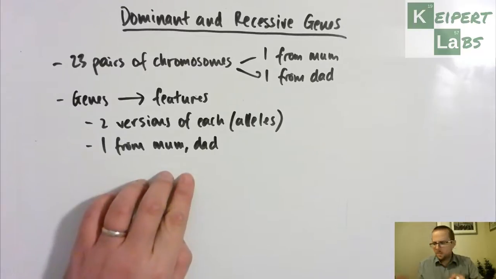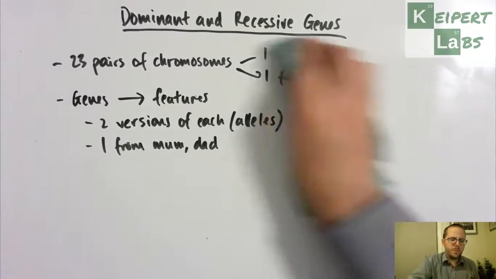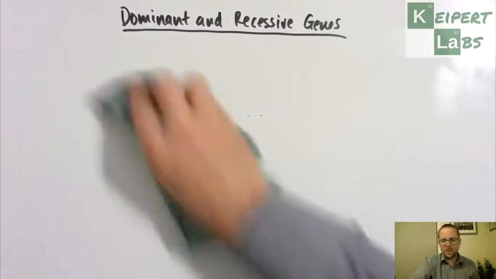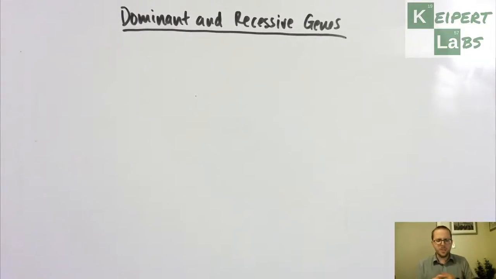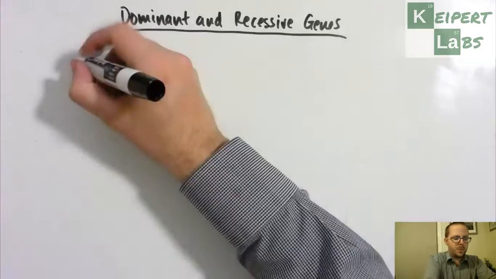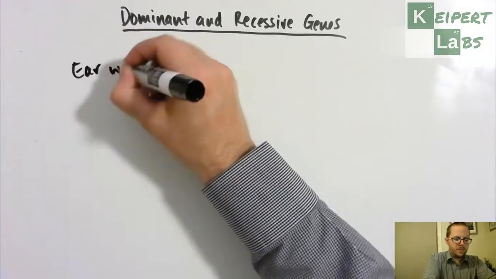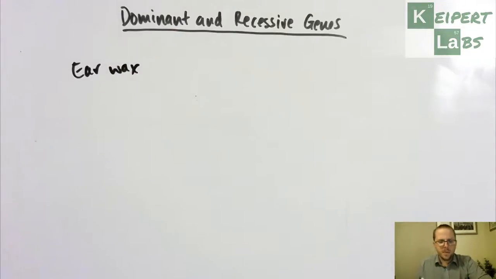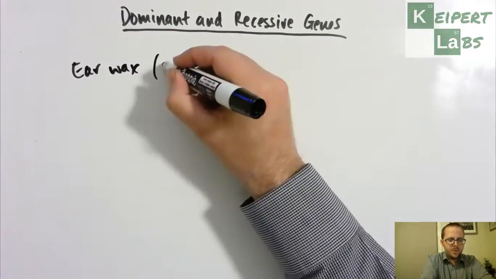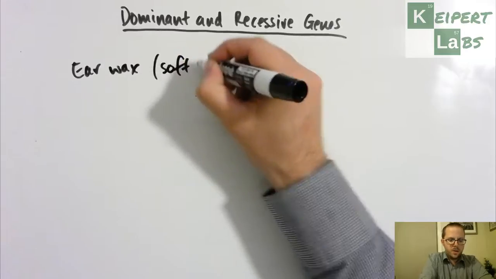All right, so we've got a particular example that we're going to talk about. It's a little bit gross, but it's also really fascinating, one that's sure to inspire some interesting dinner table conversation. We're going to talk about earwax. Earwax comes in two types, soft or hard.